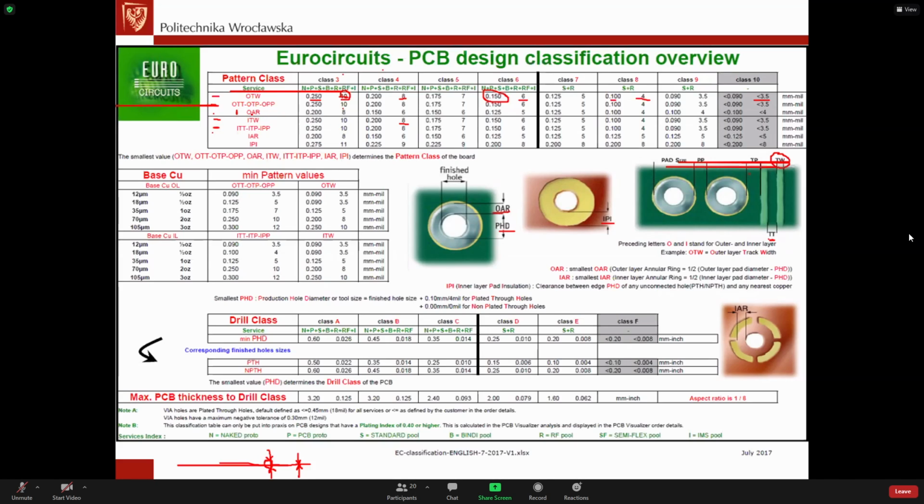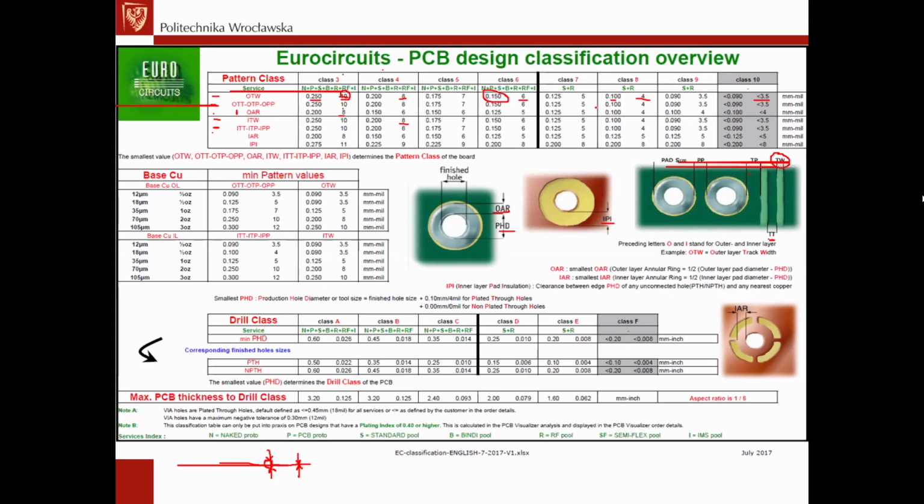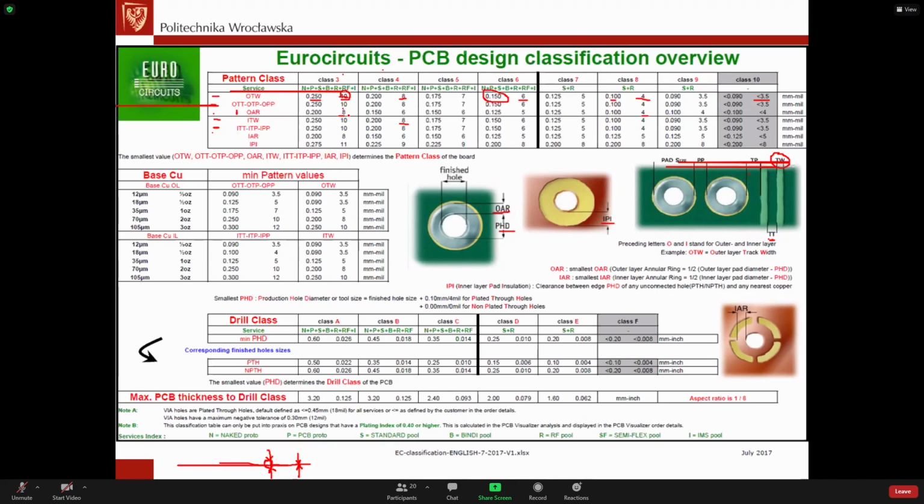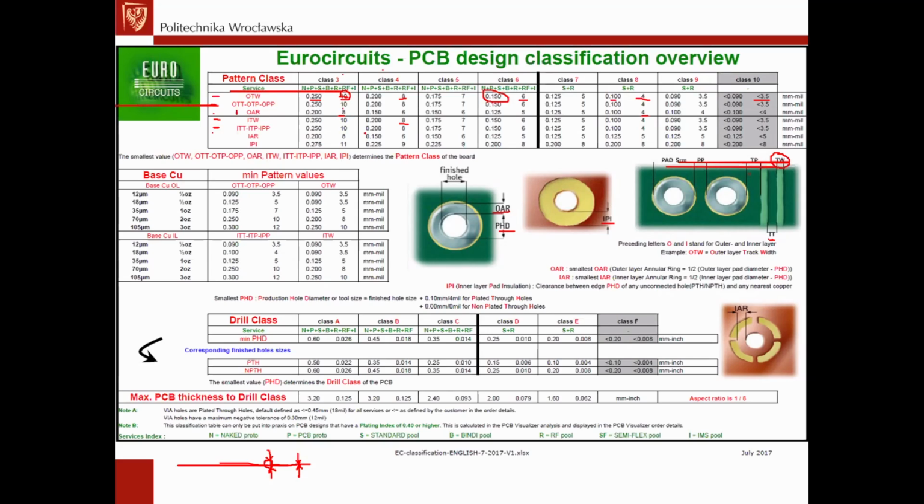And take a look, OAR, the output annular ring, is theoretically better than the class of the track, although not better than the width of the track in the sophisticated classes like 7 and 8, because these are really sophisticated classes. But in the base options, AR is lower than TW. Still, for the complete diameter of the via, we have to use 2 of those.